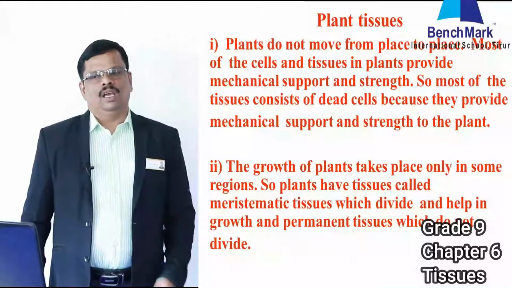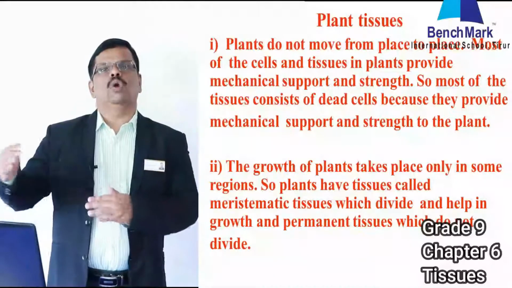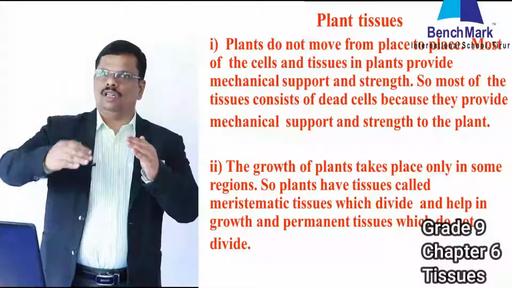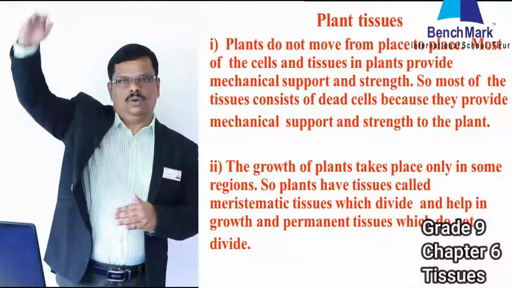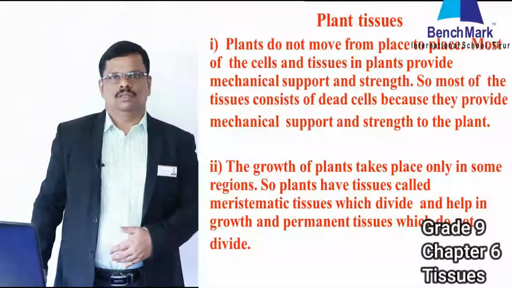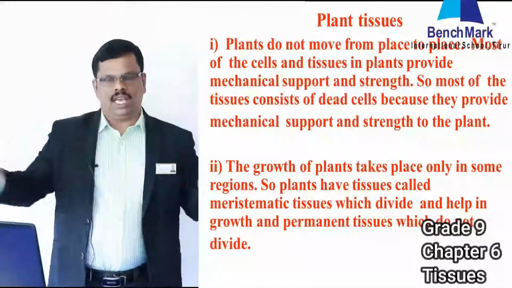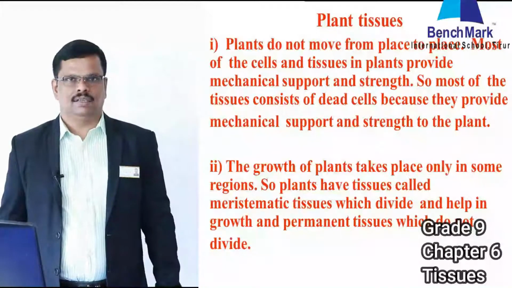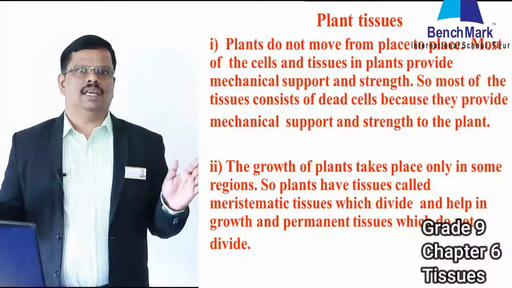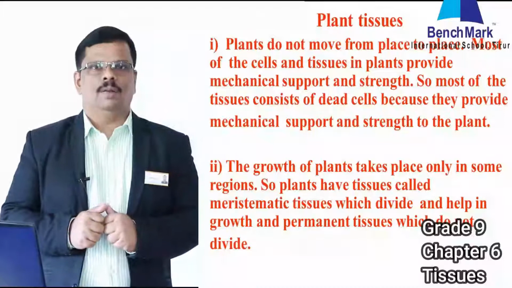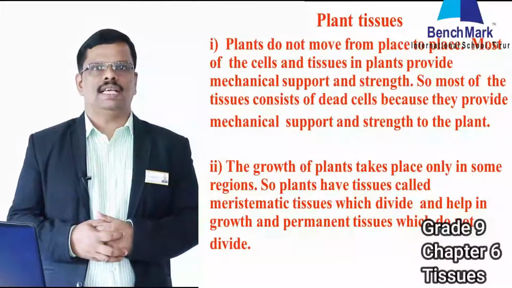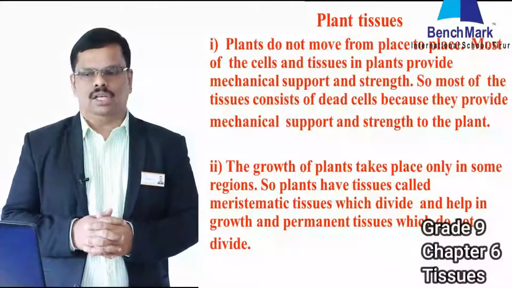Now, if you take the growing regions of a plant, that is, wherever the growth, for example, elongation, goes along, sideways. In all these areas where the growth is taking place, it is having meristematic tissues. We call it meristematic tissues.